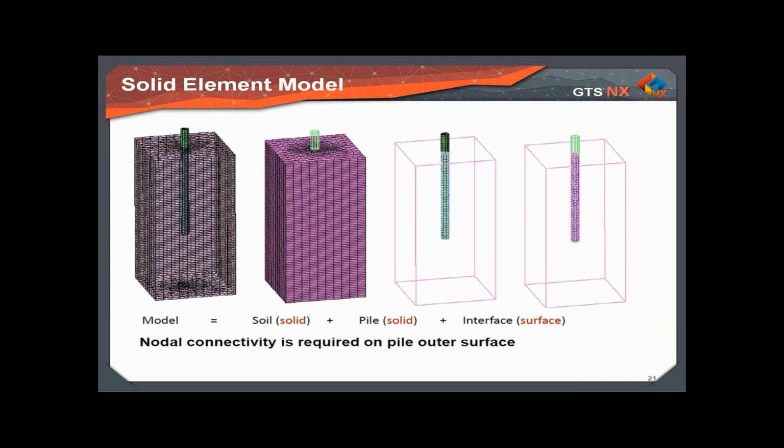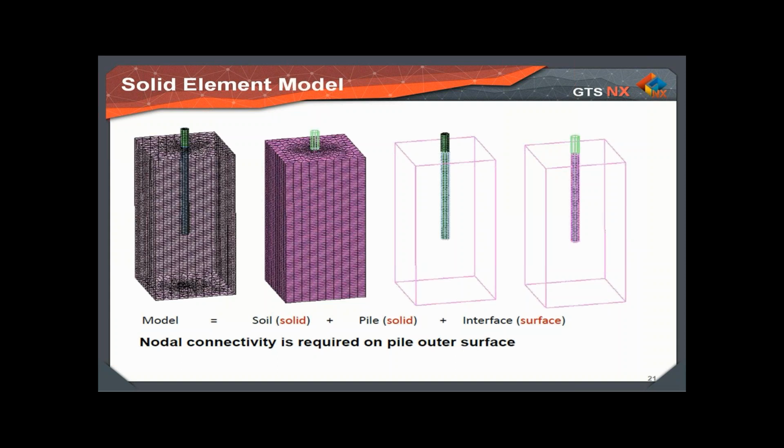Next to the pile itself, we have a 2D interface surrounding it to be able to model the soil structure interaction. We have the solid for the soil, solid for the piles, and an interface connecting the pile to the soil. For such a model, you have to ensure that you have nodal connectivity along the whole surface of the pile, surrounding soil and the interface as well.